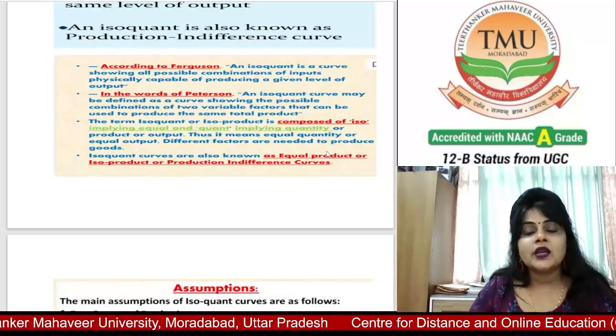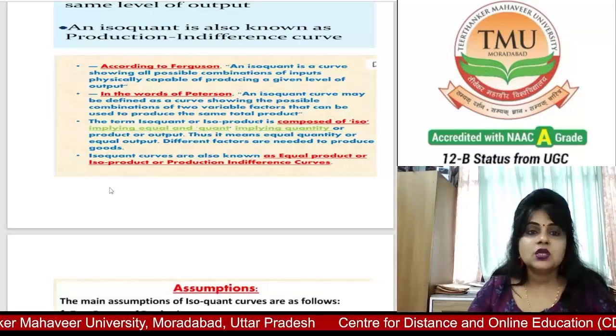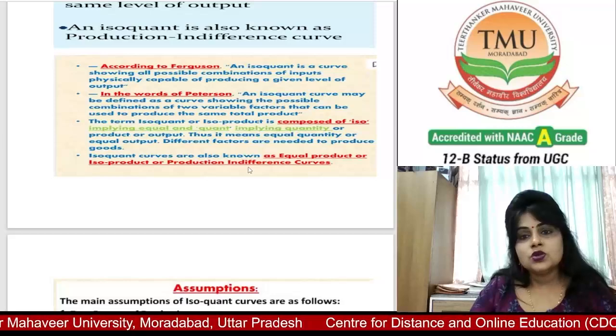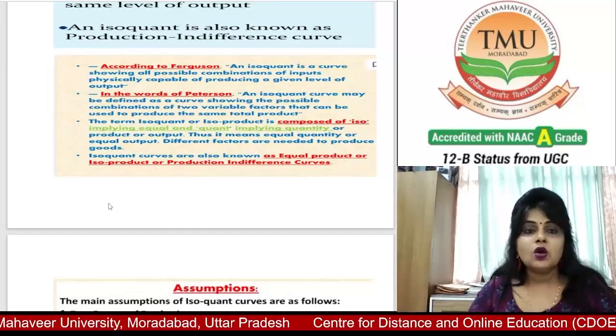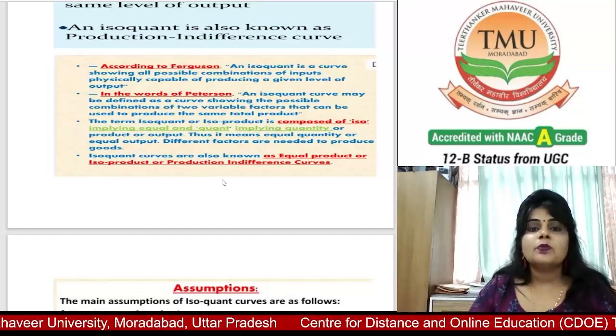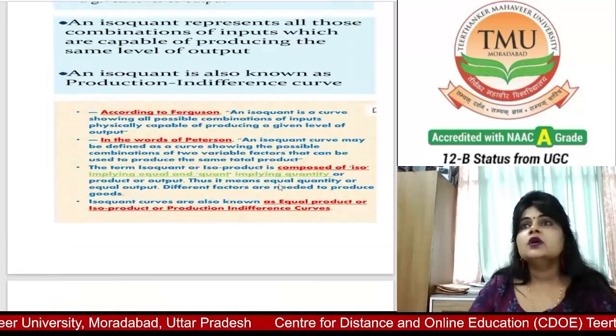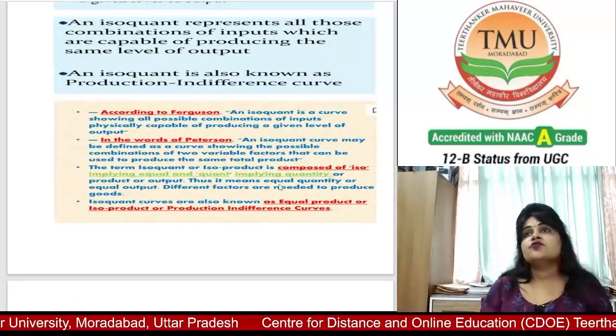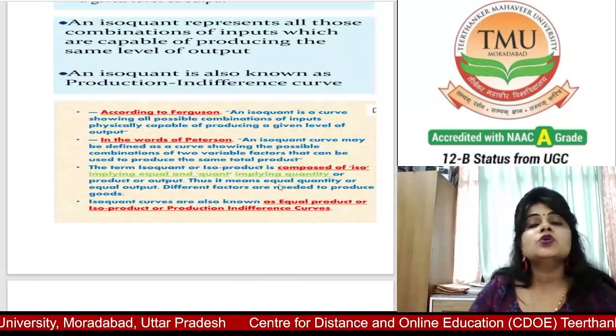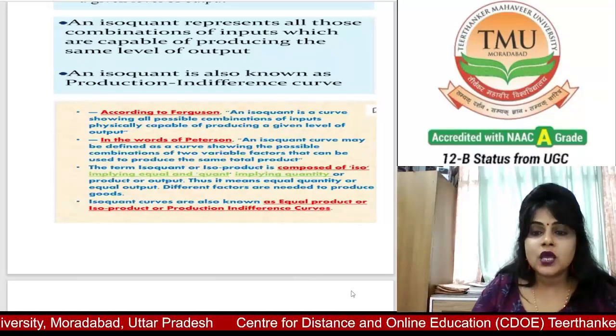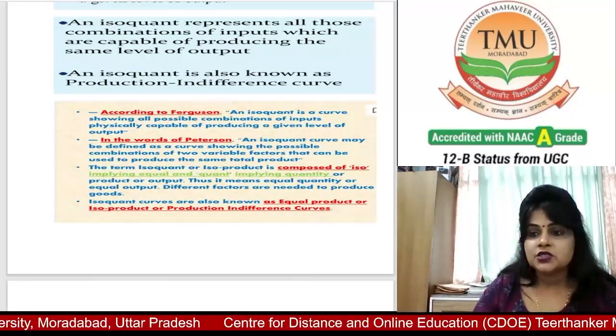Different factors are needed to produce goods. Iso curves are also known as equal product or iso product or production indifference curves. The indifference curve is used for the consumer and the isoquant is used for the production function.